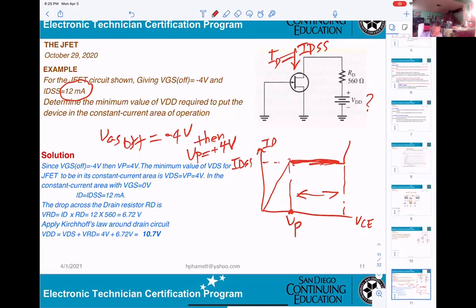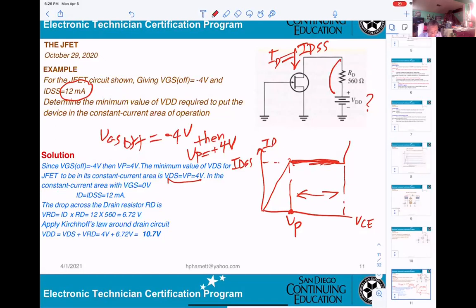For the JFET to be in its constant current area, VDS equal VP equal 4. Okay? That's because they gave you VGS off equal minus 4. In the constant current area, VGS equal 0, so ID equal IDSS equal 12 milliamp. So now they want to know what the voltage drop here is.